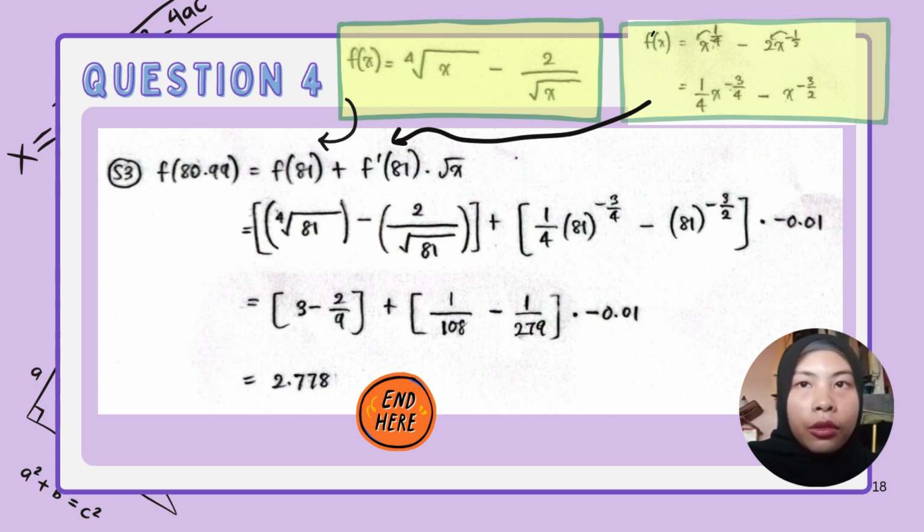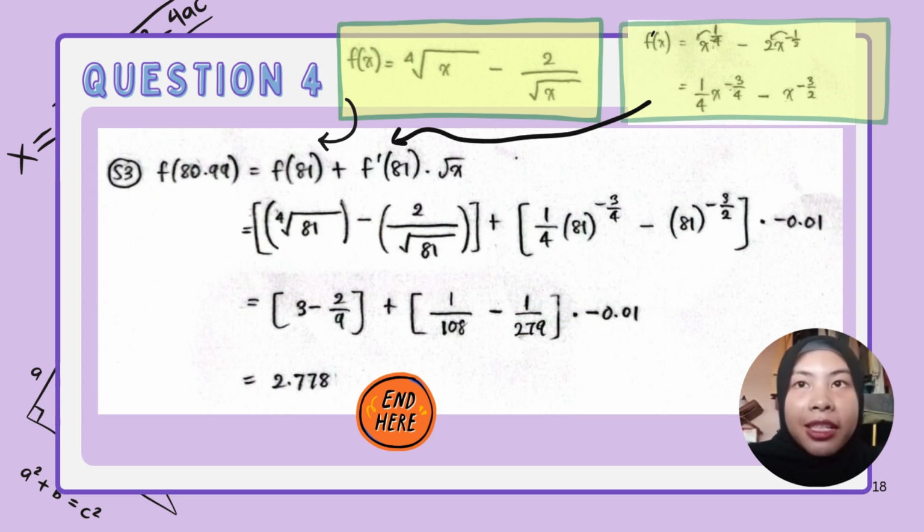So 4√81 - 2/√81 plus (1/4)(81)^(-3/4) - (81)^(-3/2) times the -0.01.